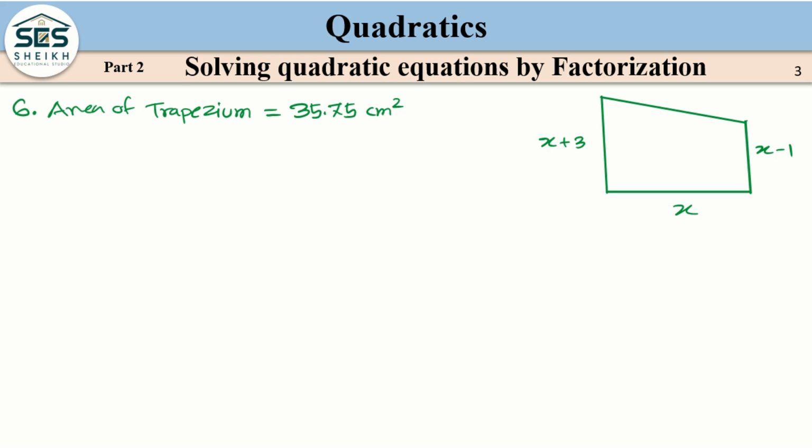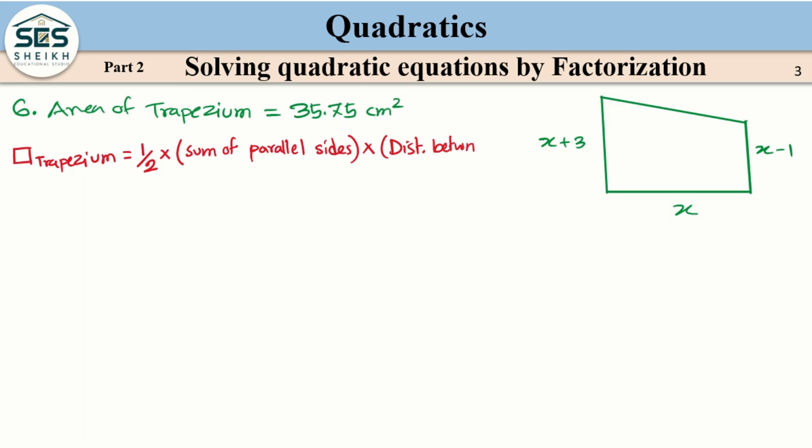Now we need to know something more, that is, the area of any trapezium is half times the sum of parallel sides times the distance between parallel sides.